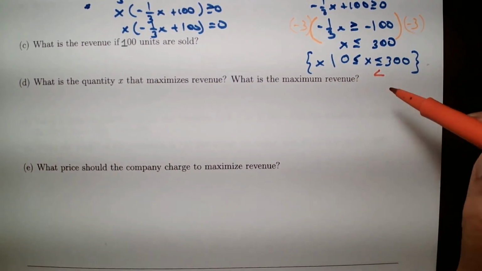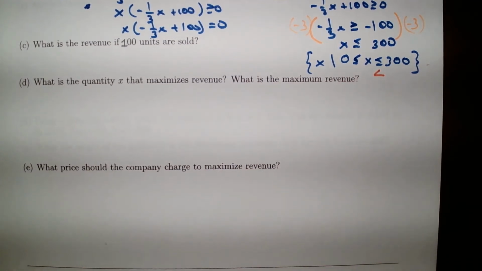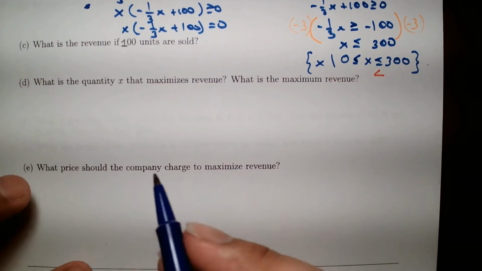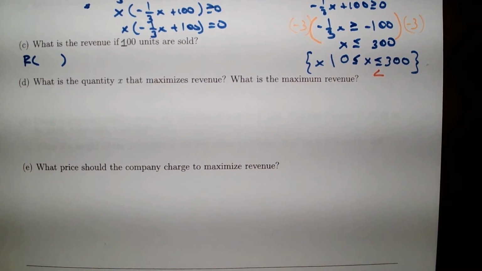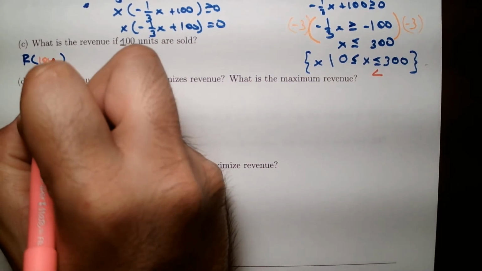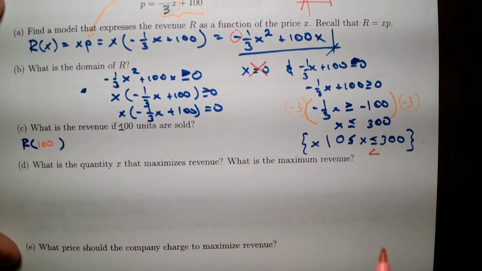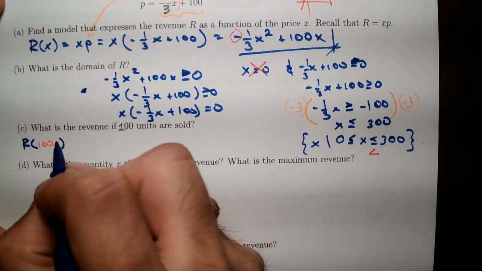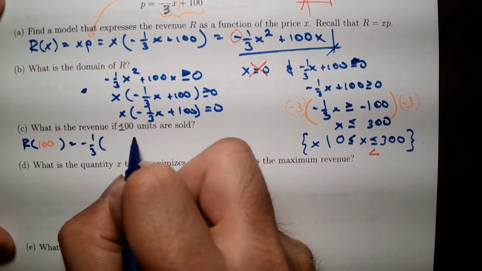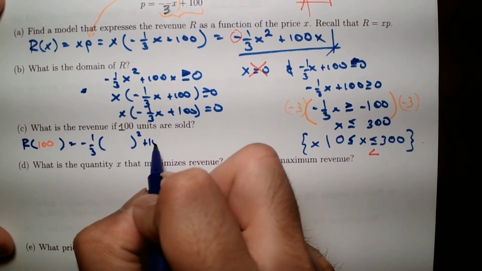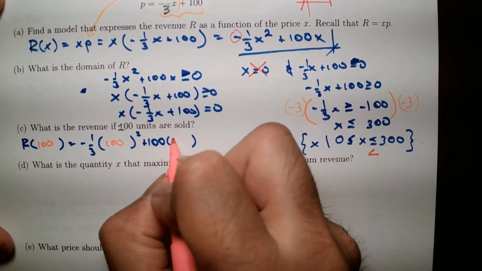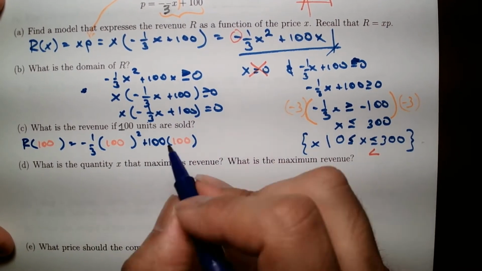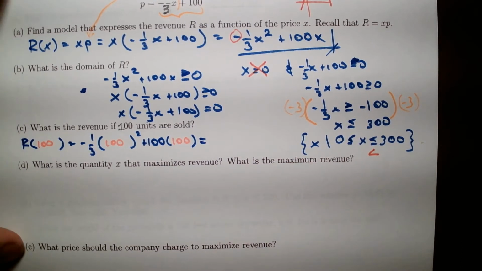I just wanted to make a note on this. All right. Now let's see, what's the revenue if 100 units are sold? In other words, they're asking us to evaluate the given function at 100. Plug in 100 into our revenue function right here. So I'm going to write this: negative 1/3, open parentheses, 100 quantity squared, plus 100 times 100.